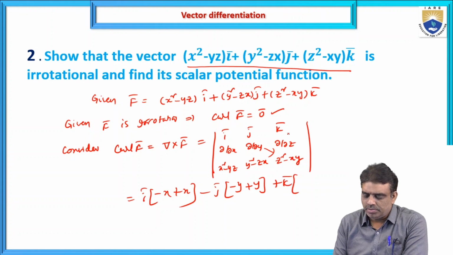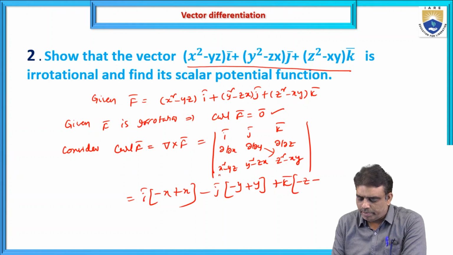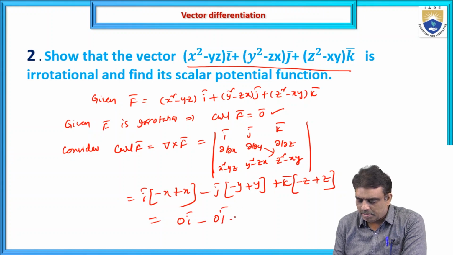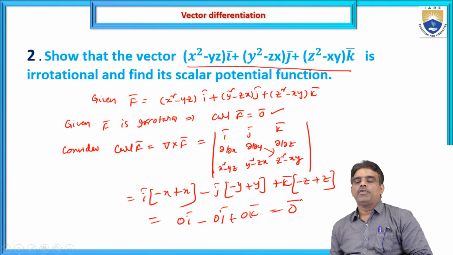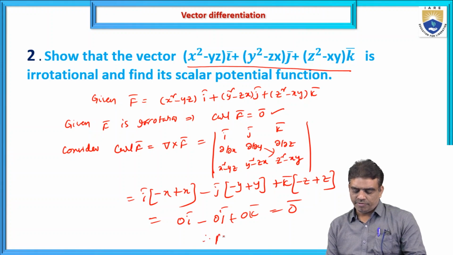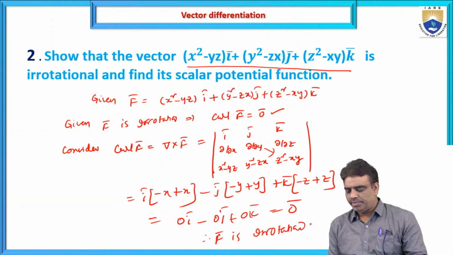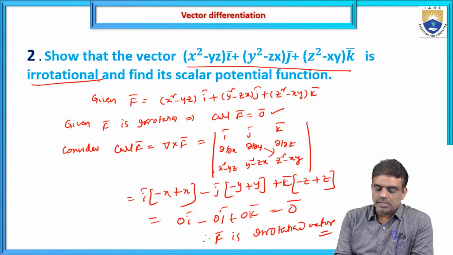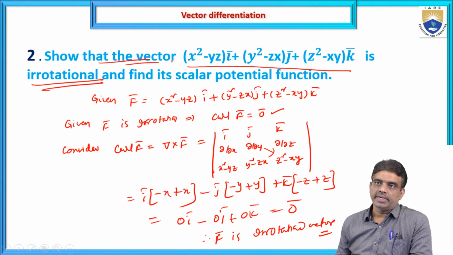Plus k bar into dou by dou x of this one, minus z, minus dou by dou y of this one, plus z. So clearly 0 into i bar, 0 into j bar plus 0 into k bar, that is equal to 0 bar. Therefore, what is our conclusion? Therefore, f bar is an irrotational vector. That is the first part of the problem: show that it is an irrotational vector.